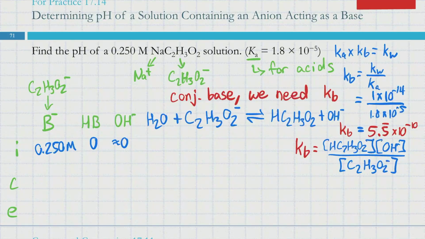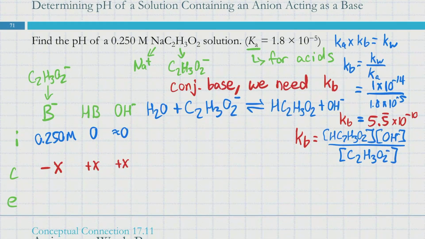All right, so drawing in our changes, we've got minus x, plus x, plus x. Sure looks familiar if you've been here for both lectures so far. It's the same x values. We're doing the same stuff over and over again. It's not insanity though, because we're getting different outcomes, sort of.